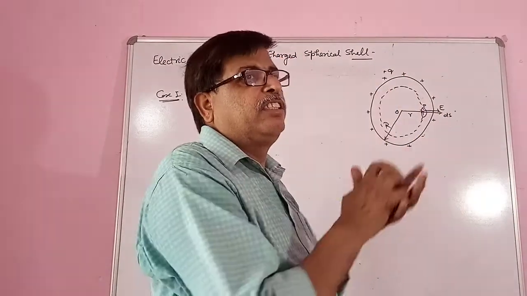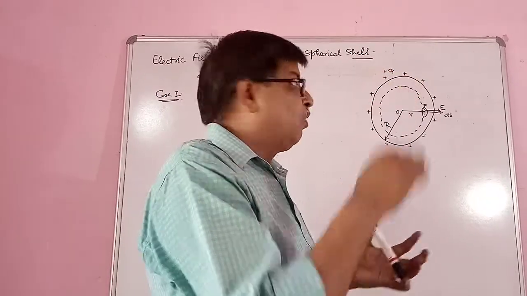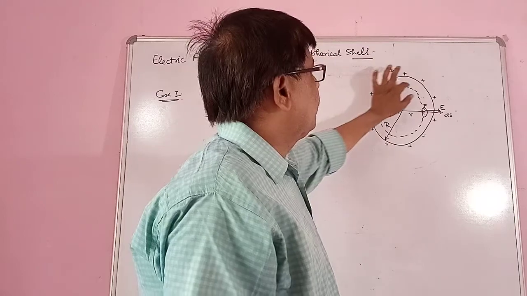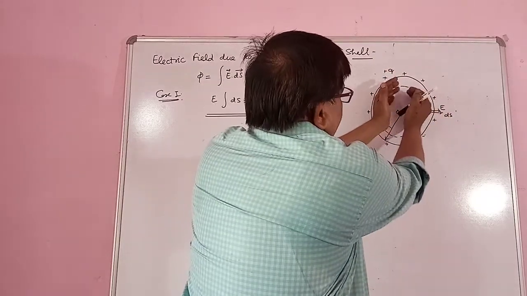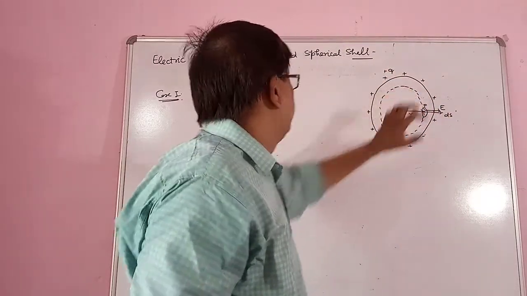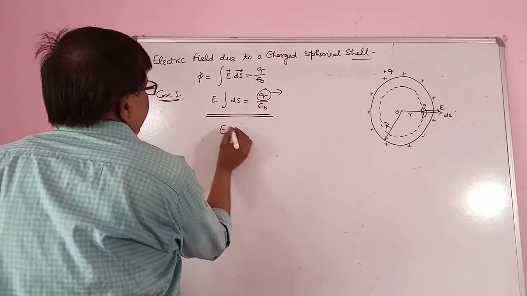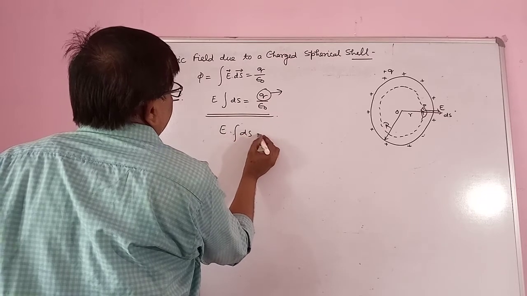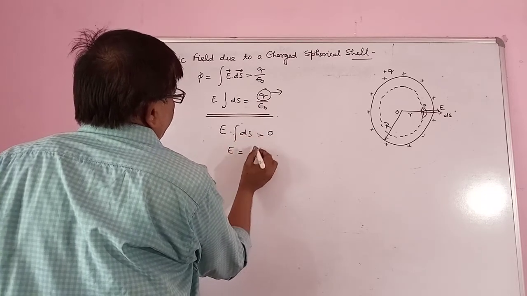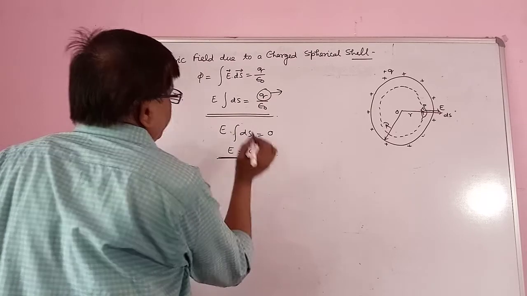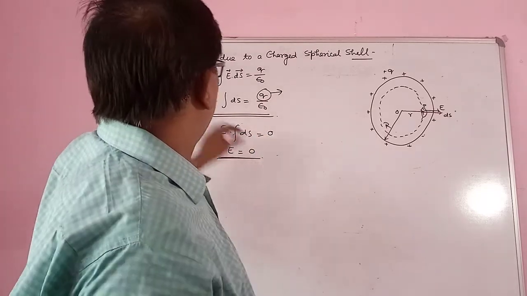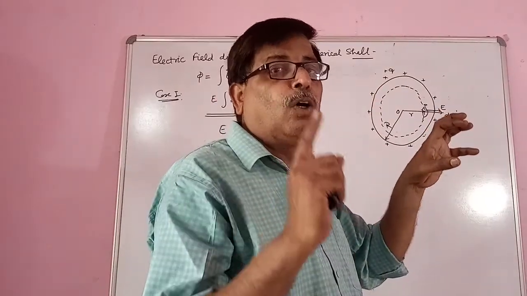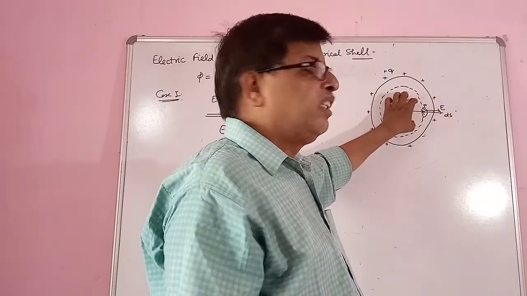Shell means the thickness of the wall is negligible. So the total charge inside this spherical shell is 0. So this becomes 0, integration ds equals 0, and electric field will be 0. Means we have the first conclusion: electric field inside the hollow sphere is 0.